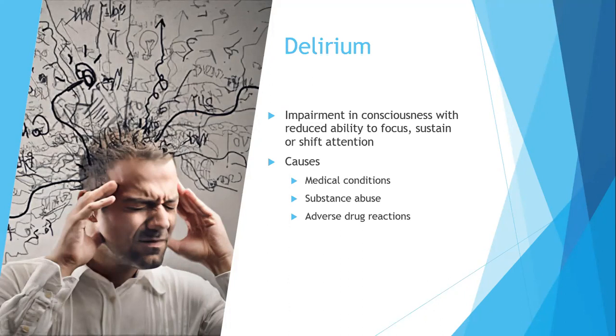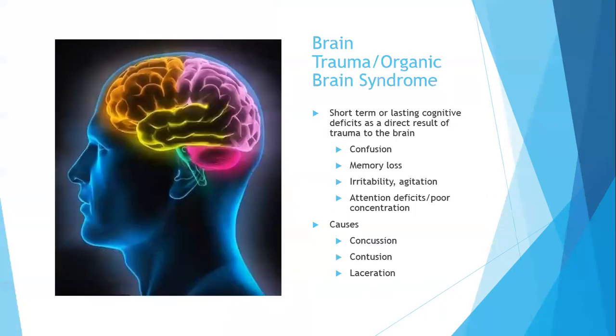They're alert, they're oriented to person, place, and time. With delirium, a lot of times they're disoriented. They can't focus or shift their attention, but then it goes away. That's the thing about delirium versus dementia: once the medical condition is resolved or the drug gets out of your system, then the delirium resolves and it goes away, which is good.